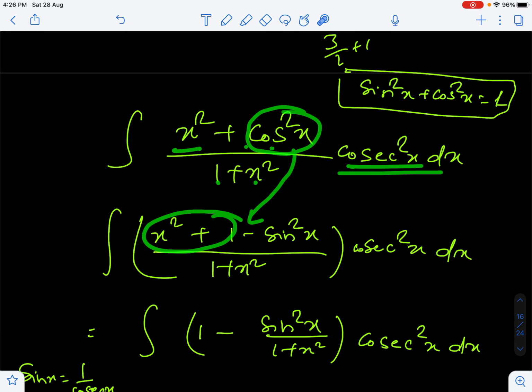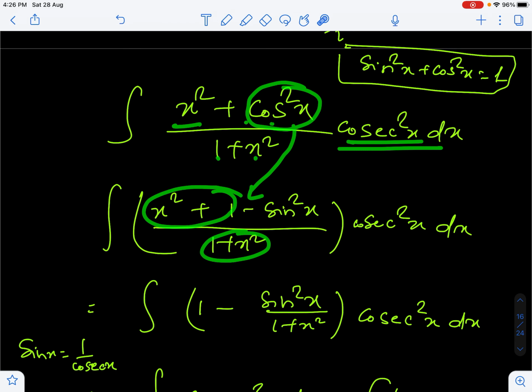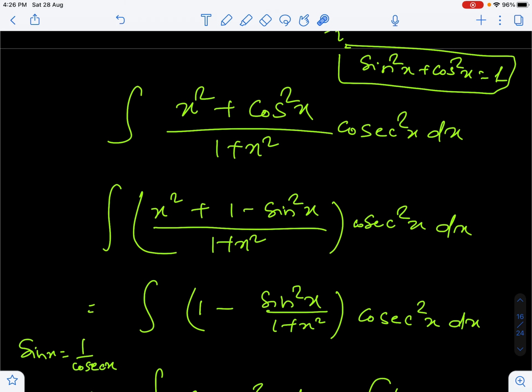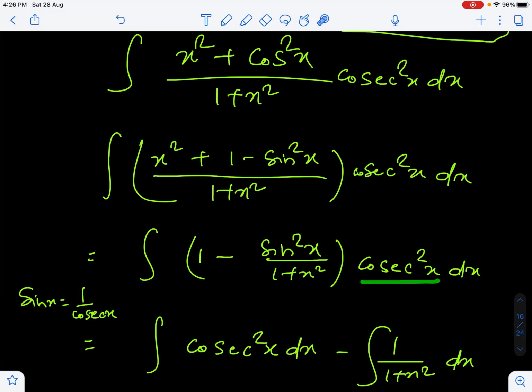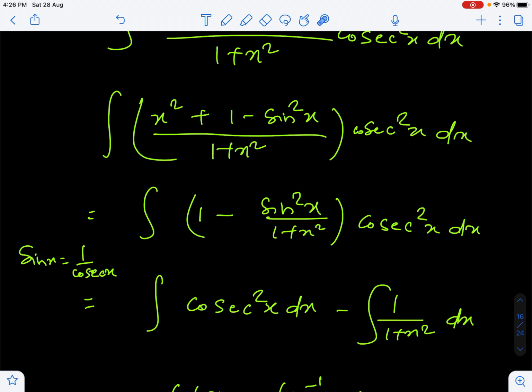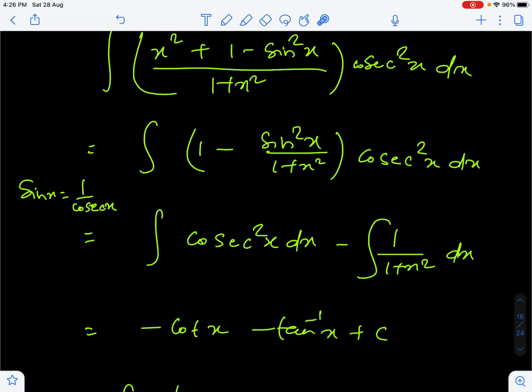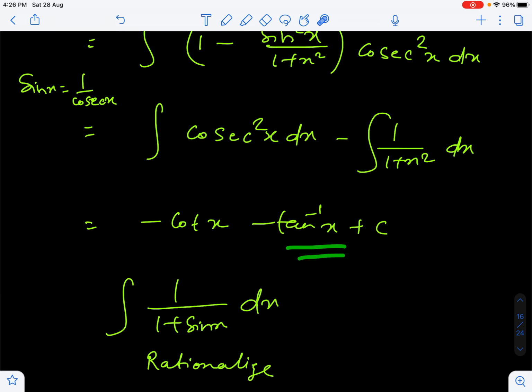So this is x square plus 1 upon x square plus 1, and this is 1 minus sin square x upon 1 plus x square, cosec square x dx. I have written cosec square multiplied by 1 is cosec square x, and this cosec square into sin square cancel out, so this becomes 1 plus x square. So this will be minus cot x, because you know that the integration of cosec square x is minus cot x, and this is tan inverse x.